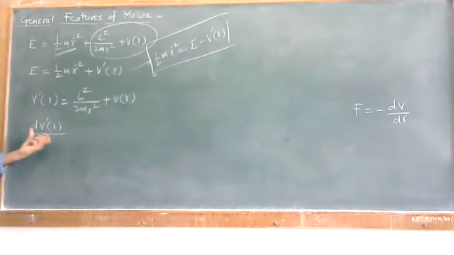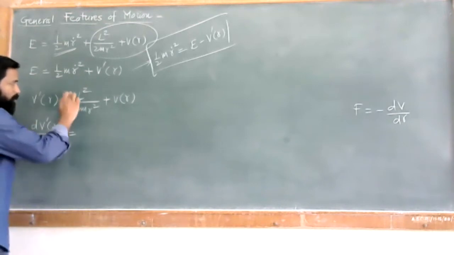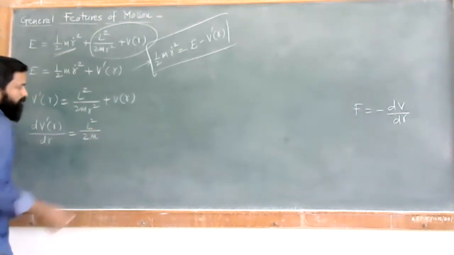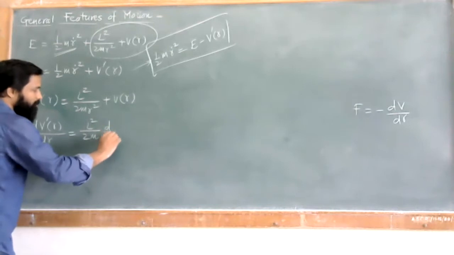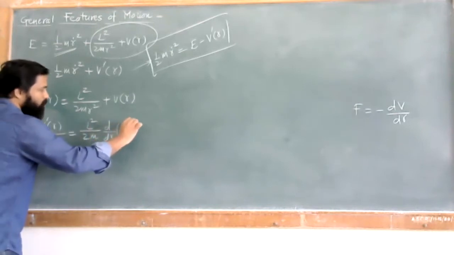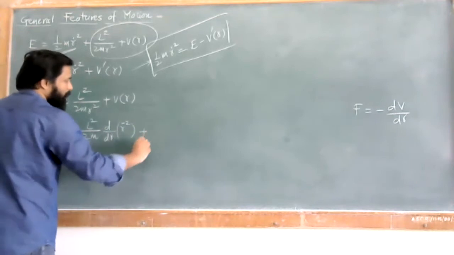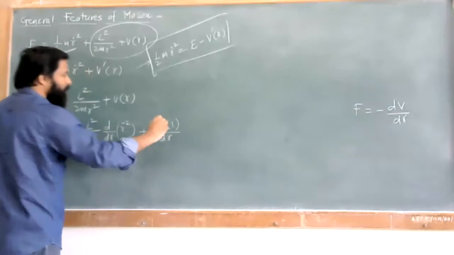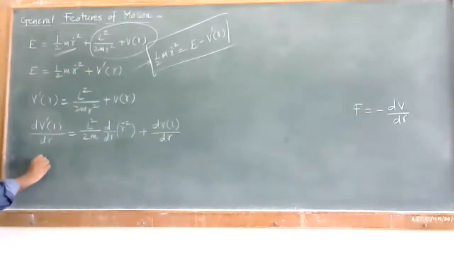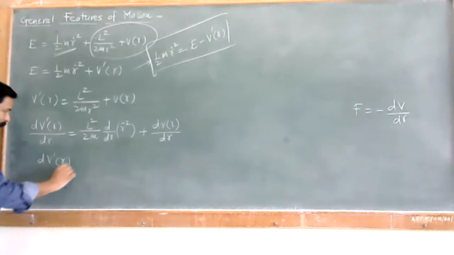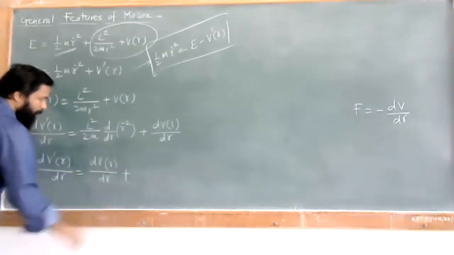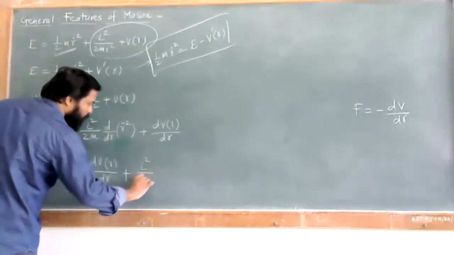So this L square is constant, 2 is constant, m is constant, so we take the derivative of 1 upon r square, or r raised to minus 2, plus the derivative of the last term, that is dV r by dr. So dV dash r by dr is equal to, I can write this term first, dV r by dr plus this L square upon twice m.